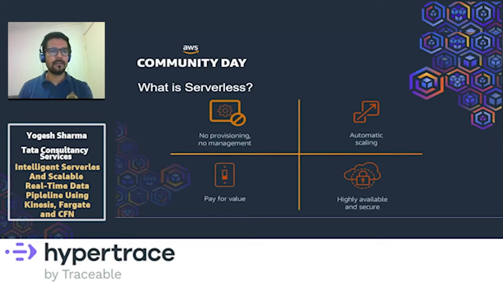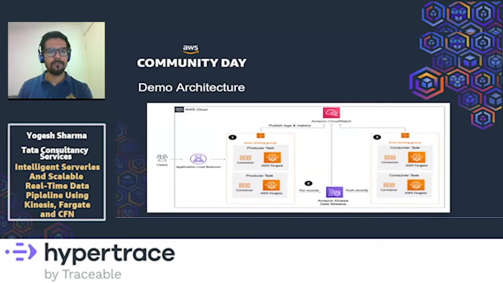Now let's quickly look at the demo architecture that we're going to build in the demo part. Don't worry about all the services and connections; we'll quickly touch base upon all of them. The idea is that we have a load balancer which will accept the traffic from external users.